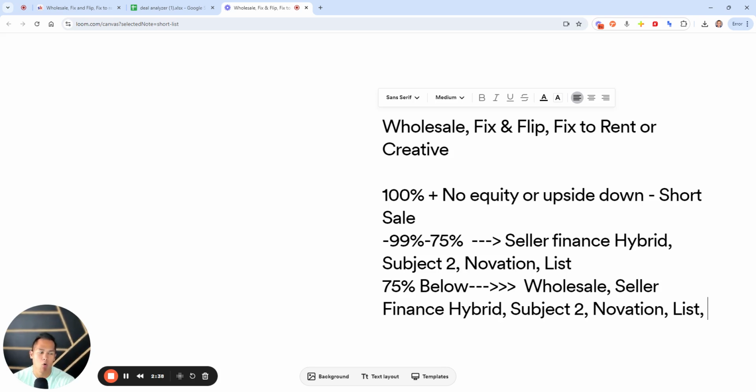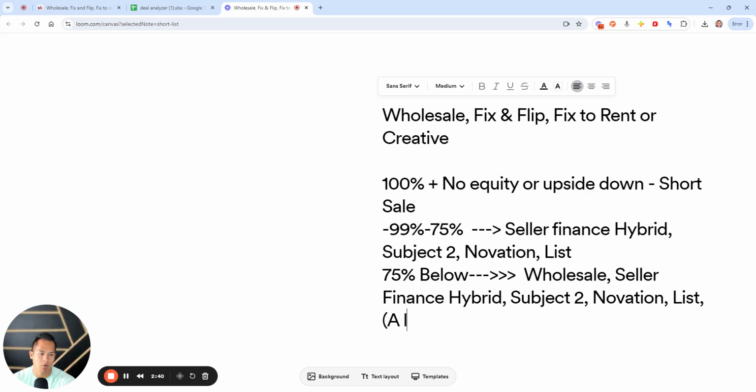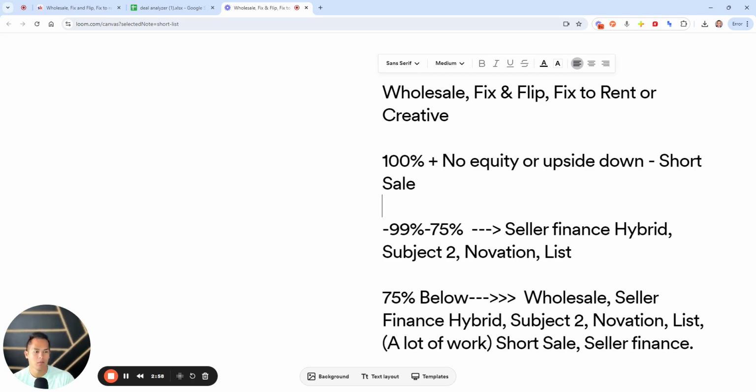If the property's in horrible condition, a lot of work, we'll do seller finance. If they own it free and clear, same thing. What dictates it is where it falls in the range on the ARV, what they're asking, and what they really need, for example on the mortgage. As we have more equity, we have more room to play with and more tools in our bag.